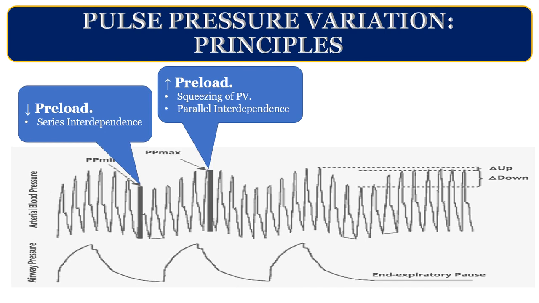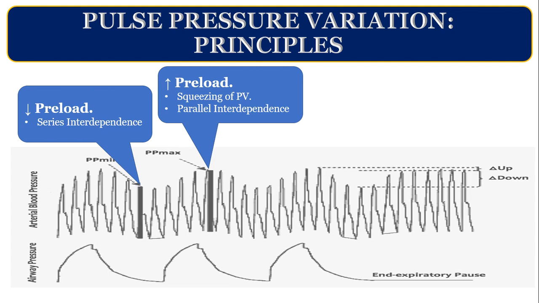You all know why this pulse pressure variation happens. Heart-lung interaction, we all know it. What happens during inspiration, positive pressure breathing? There is a squeezing of the pulmonary veins. And at the same time, because the right ventricular filling is less, the left ventricle will increase in size, what we call the parallel interdependence.